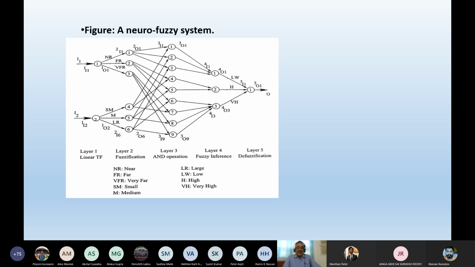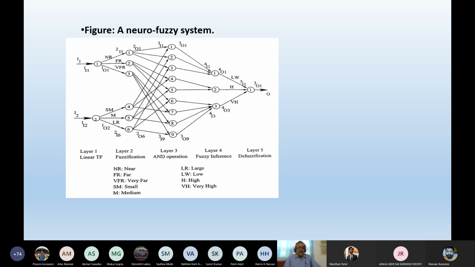I just asked because this has the structure of a neural network. But the primary thing is the fuzzy reasoning tool, and the secondary is the neural network structure. The reverse would be more appropriate. Okay, thank you, sir.